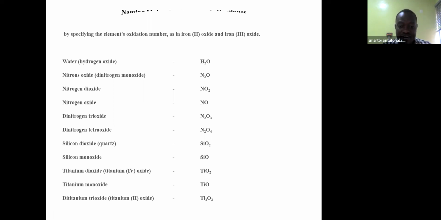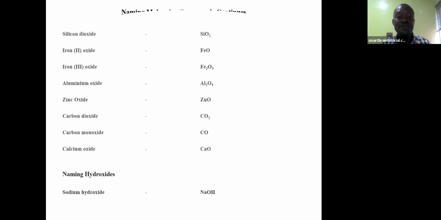dititanium trioxide. Dititanium trioxide is a titanium oxide with titanium in an oxidation state of 3. It should be titanium(III) oxide. The oxidation state of titanium here is 3. So if you multiply 3 by 2, it gives you 6, just as if you multiply the oxygen oxidation state of minus 2 by 3, it also gives 6, giving a neutral compound.